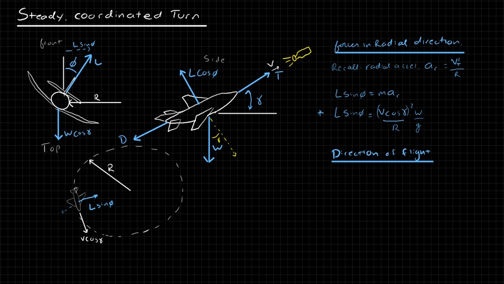So in the direction of flight, we have the thrust and the drag, and then we also have a component coming from the weight. So let's put those together. We have the thrust, and that's going to equal the drag plus W sine of gamma. Of course, sorry, this is a plus sign.